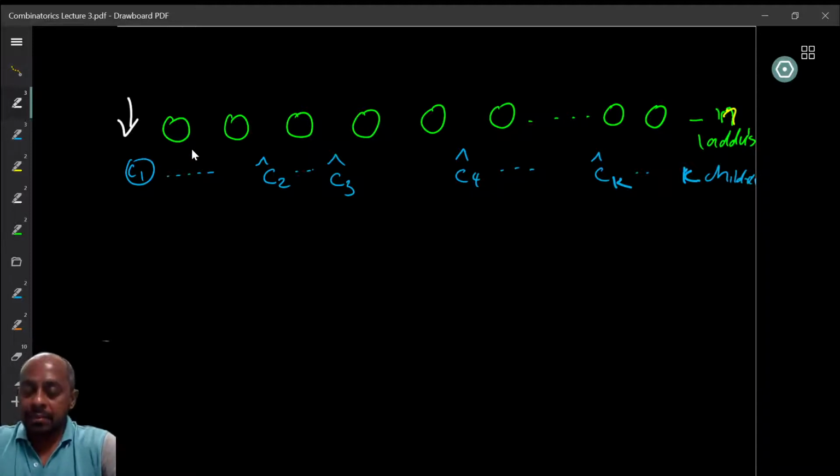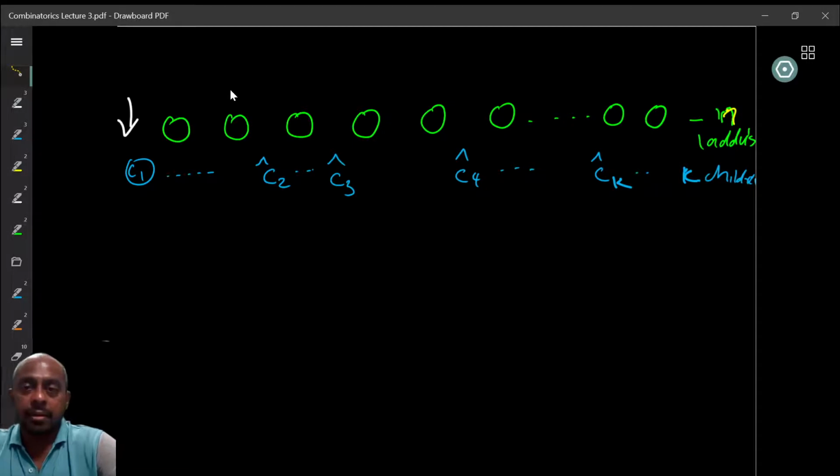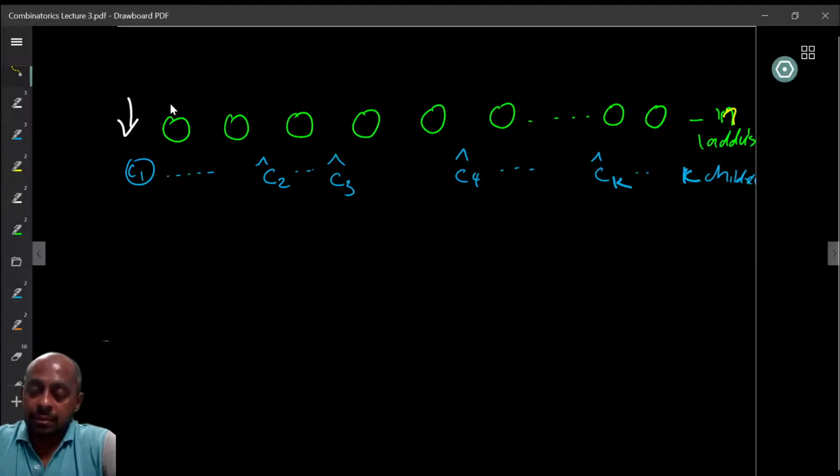Then you start taking some laddus, right? Some number, I don't know, 1 or 2 or maybe 5, depending on the person who is standing there. Okay, now go. Once he has taken some number of laddus, we will say okay, now the next guy in the queue comes.